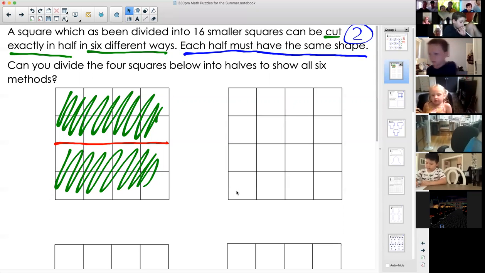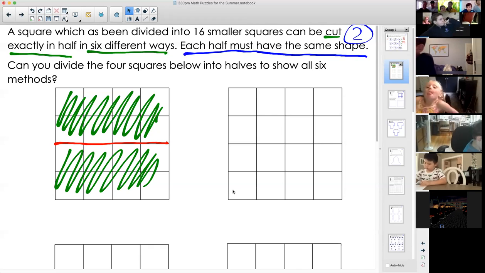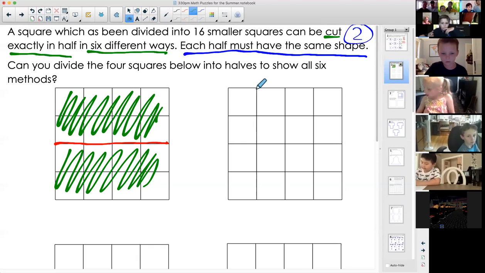What you could do, I think, is if you made a line on the top. Yes? You want me to go start here? Yeah, go down.